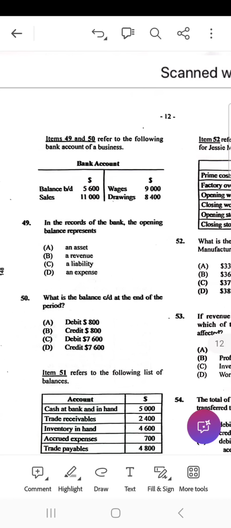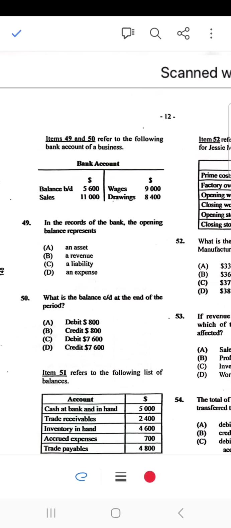So to me, in my records, my balance is an asset. But when I put that money in the bank, for the bank, they would view it as a liability because they owe that money to me. They are holding that money for me, it's not theirs. So the answer for 49 is actually C.